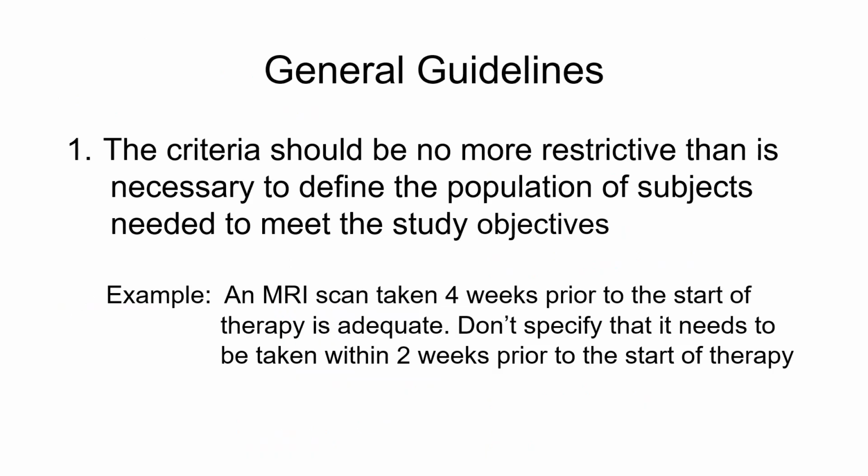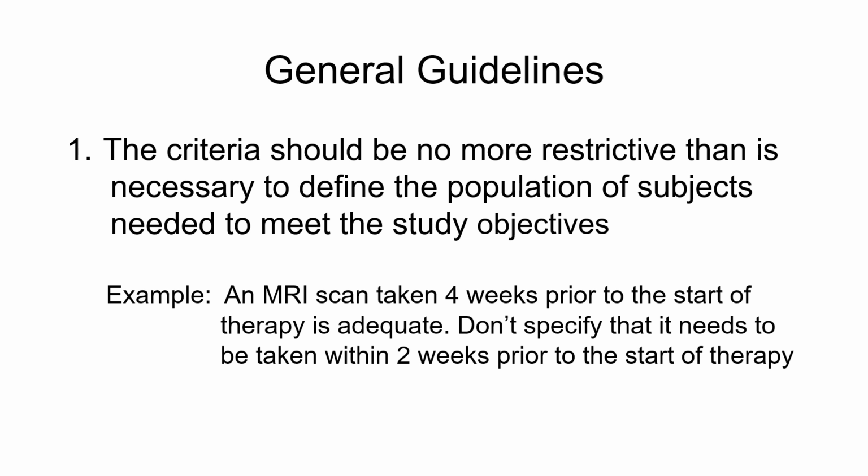These are the general guidelines in the formulation of the criteria. The first is the criteria should be no more restrictive than is necessary to define the population of subjects needed to meet the study objectives. And the example is if you request for an MRI taken 4 weeks prior to the start of the study, that is already adequate.